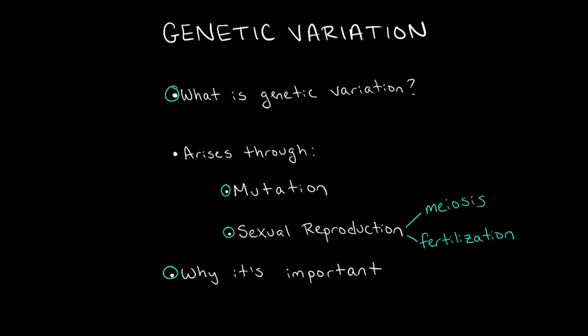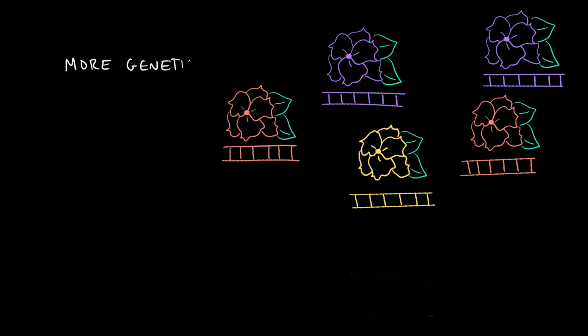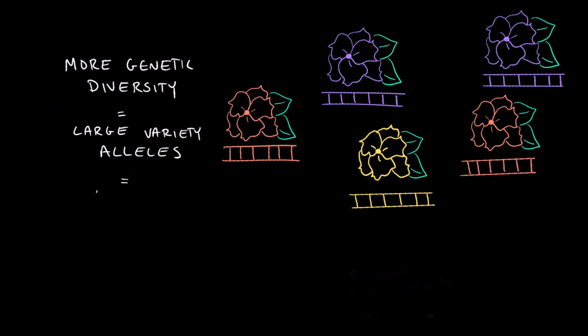So why is it important? Variation is important for healthy populations because having more genetic diversity and a large variety of alleles can help populations stay healthy by allowing them to adapt and respond to environmental pressures. So, for example, take this population of flowers that we have here. Some have an allele for orange color, some have an allele for yellow color, and some have an allele for purple color.